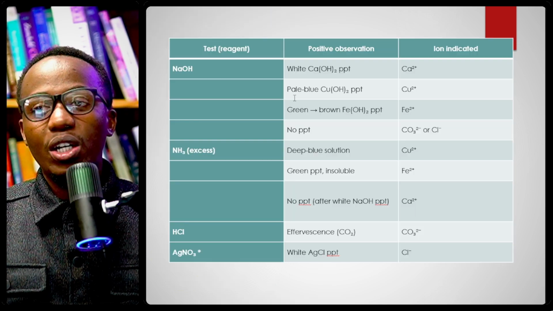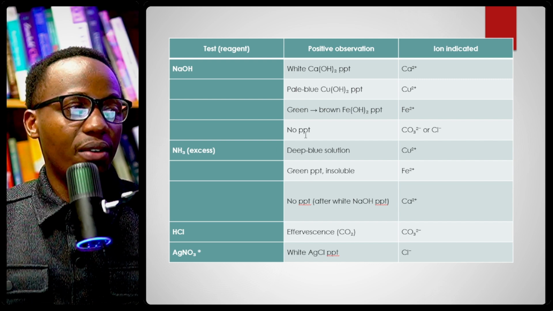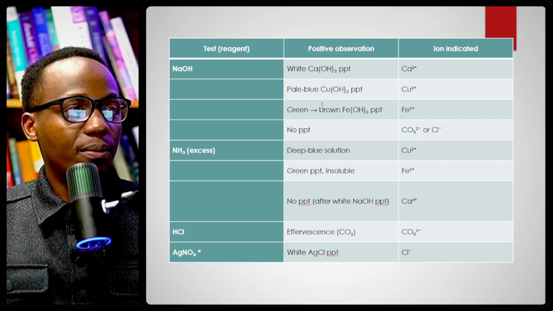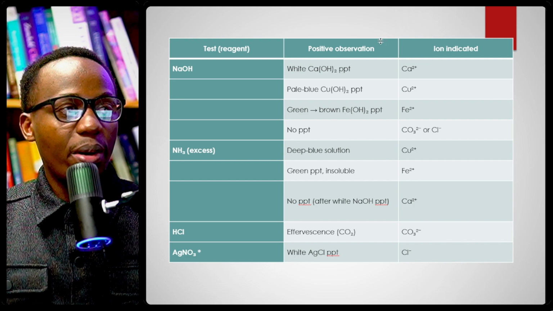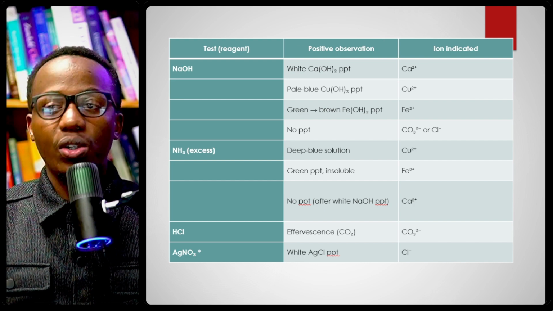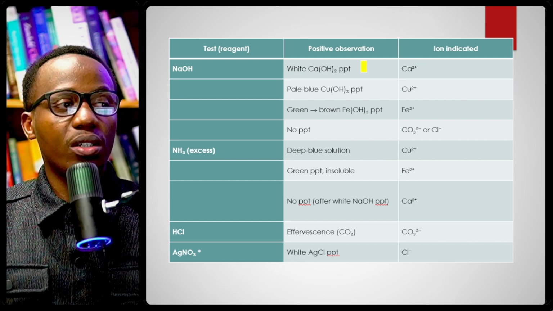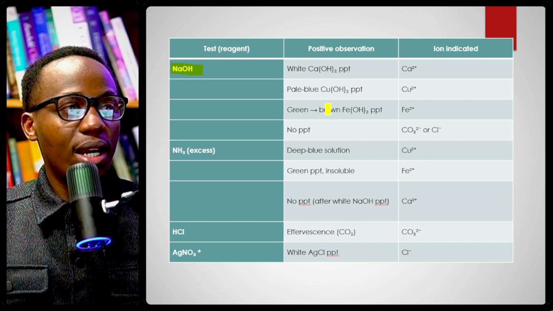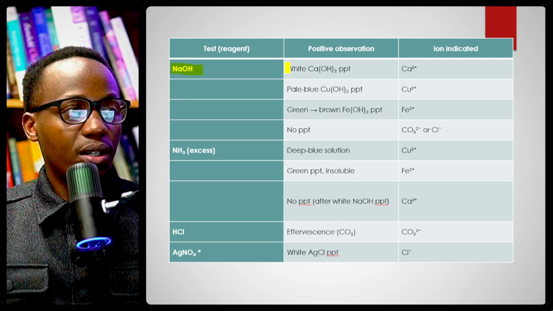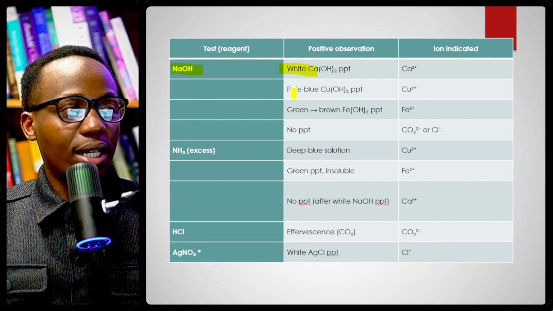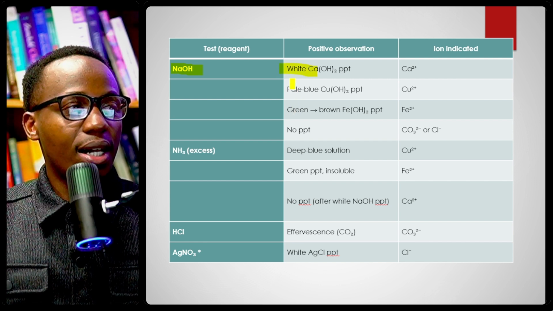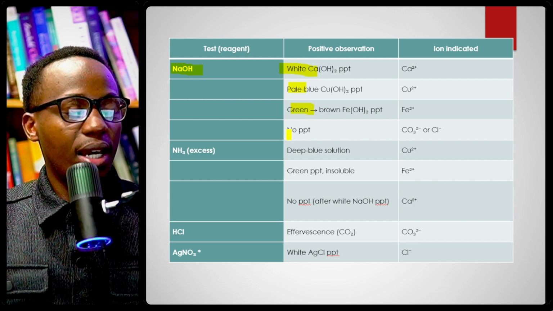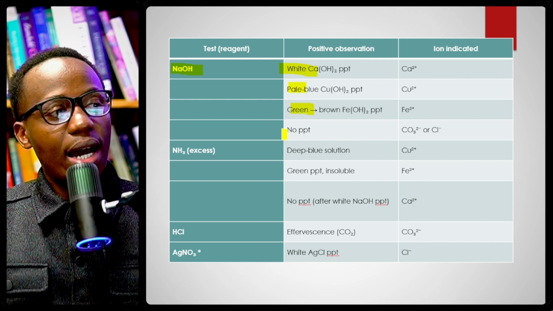So this is a nice table talking about everything that you're going to be doing. Don't worry about the observation. You should write down your own observation, but we're going to do the NaOH test on your calcium, copper, iron, and unknown, right?